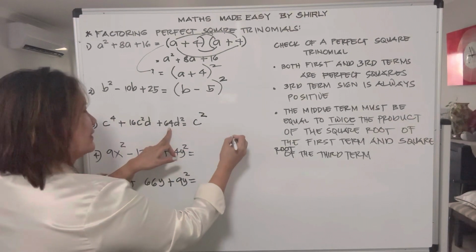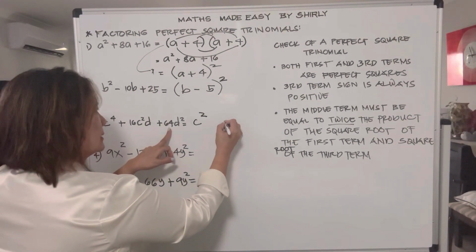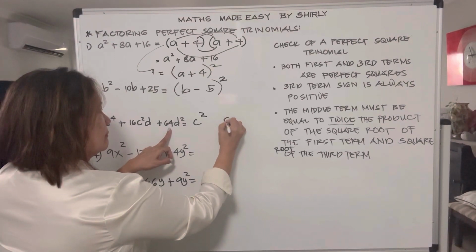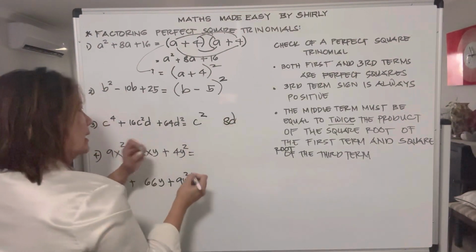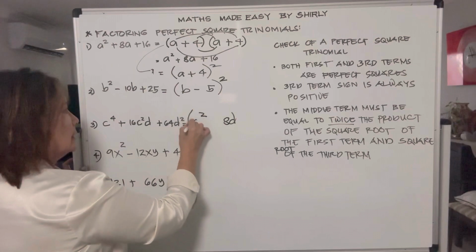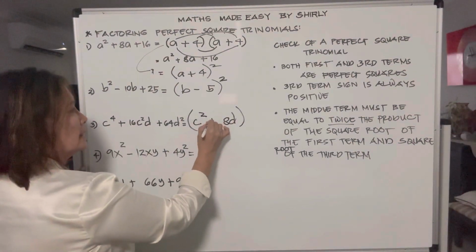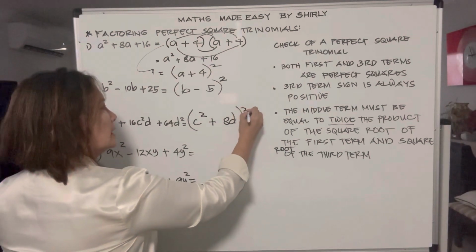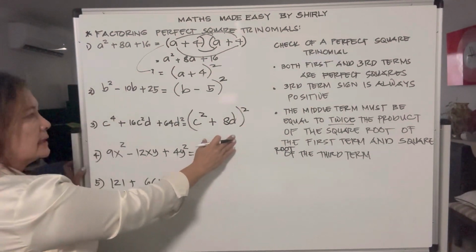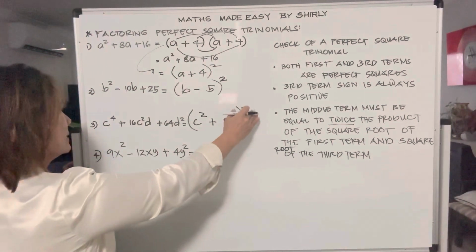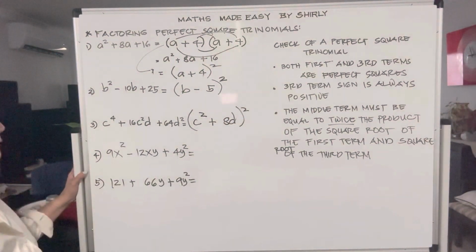The square root of 64d squared is 8d. Then we square this, but take note the sign of the middle term is positive. So you have (c squared plus 8d) raised to the second power.